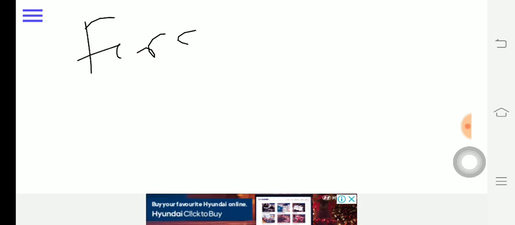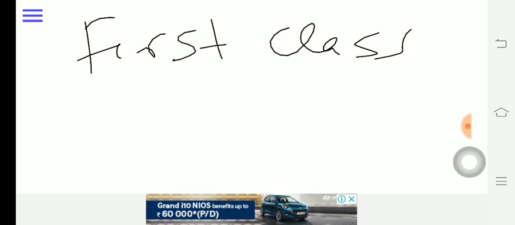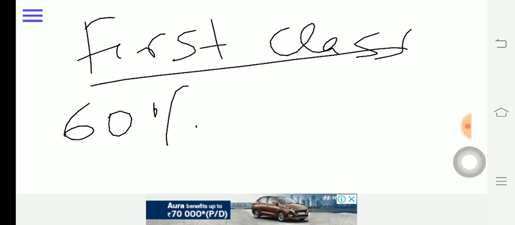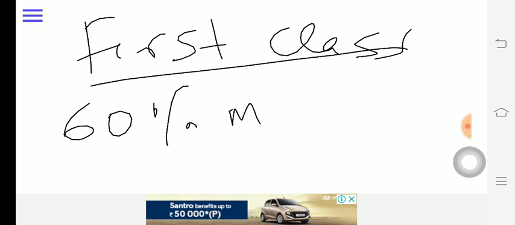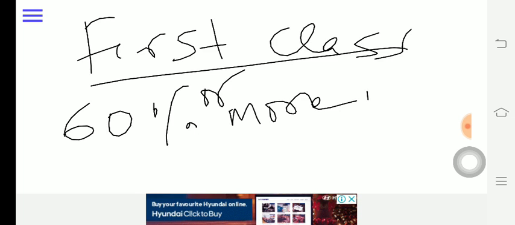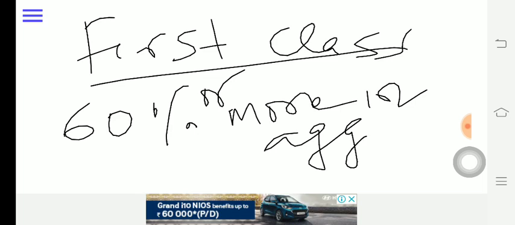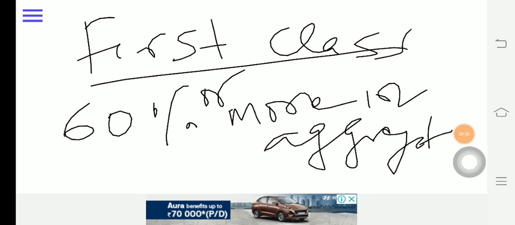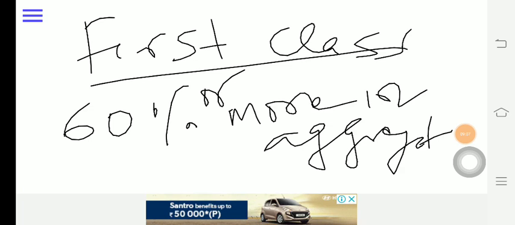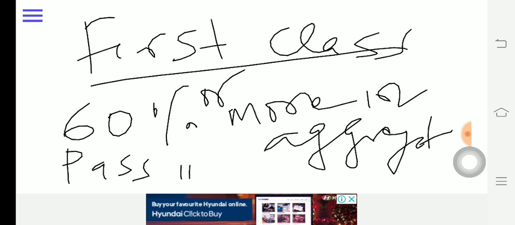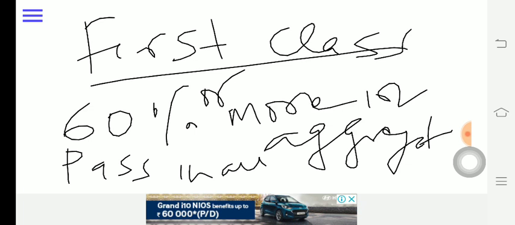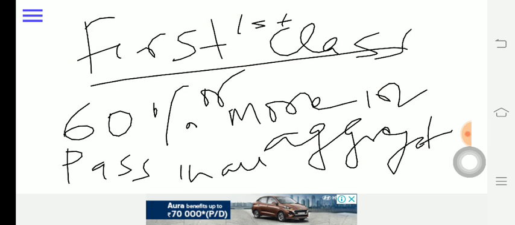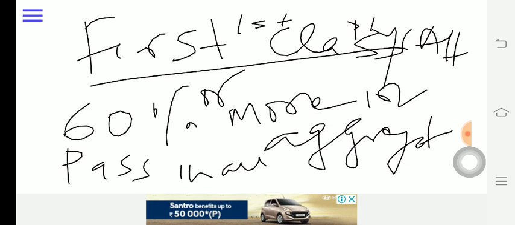Now let us take the first class. In the first class you will have to get 60% or more in aggregate. Means your marks should be 60% or more in aggregate and you must be pass in all the subjects, but this is valid for the first physical attempt.